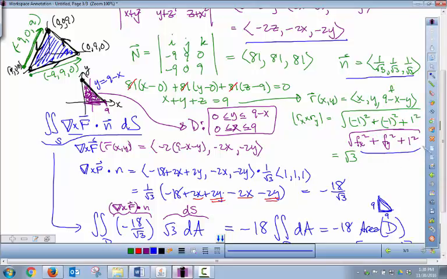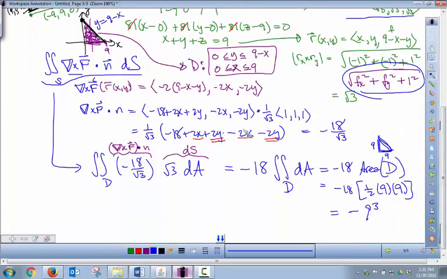It keeps coming back, so it's always good to keep that in mind. When we're integrating with respect to surface area, this is our surface area element, kind of like the magnitude of r prime would be our path integral element. And then we do our dot products, and then we put this together into our integral, and then we integrate over that.